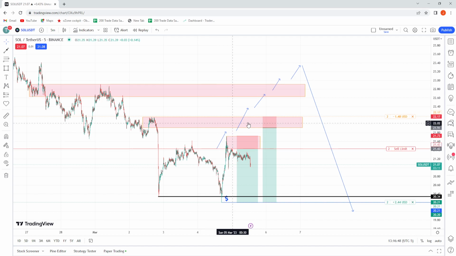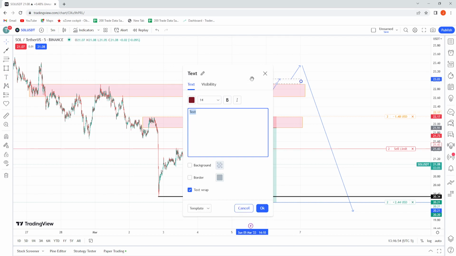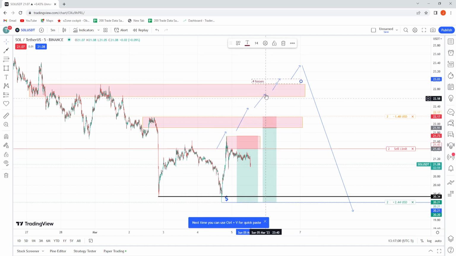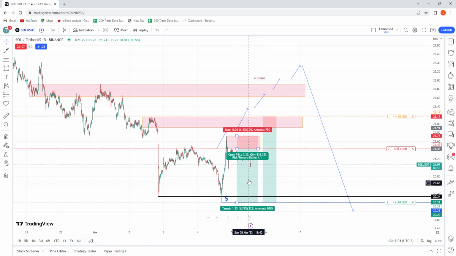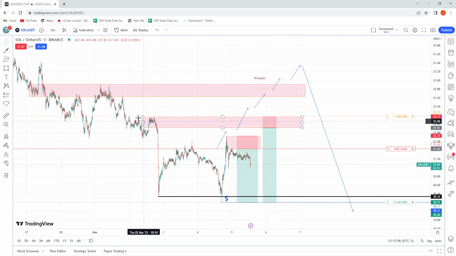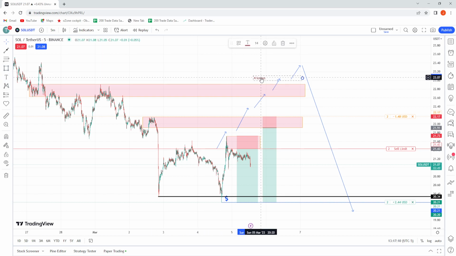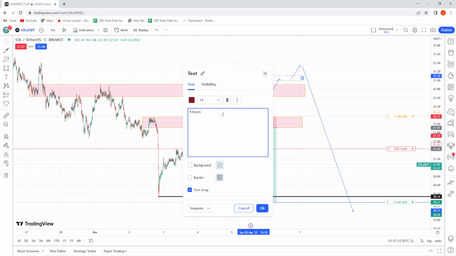So this would be 1, 2, 3, 4. We'll chalk this up and we'll just say that these are 4 losses. Okay, all of the arrows are representative of 4 losses here, and I think I said this was 30. Yeah, so that's 30 pips. So we'll say this is 4 losses at 30 pips each.